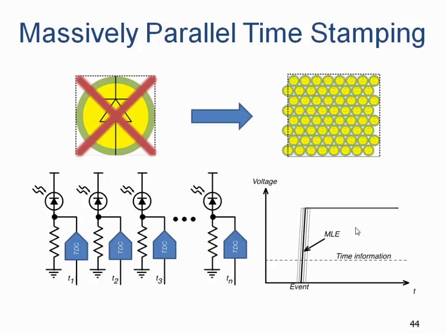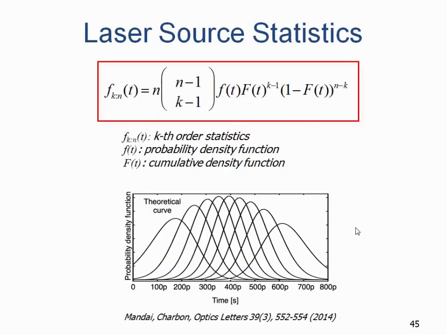Now, what is the advantage here? Essentially, the total number of photons is the same, but the capability of doing independent, simultaneous, massively parallel measurement is increased. And actually, if you use statistics, you can show that lasers do not have completely IID photons coming out, and the PDFs, the probability density functions, are actually not the same for all the photons.